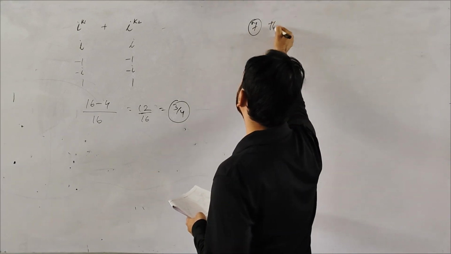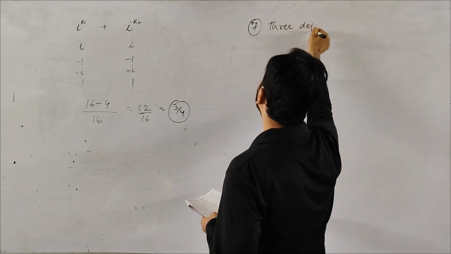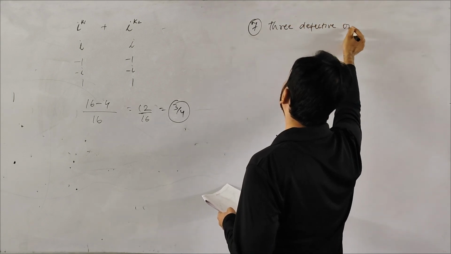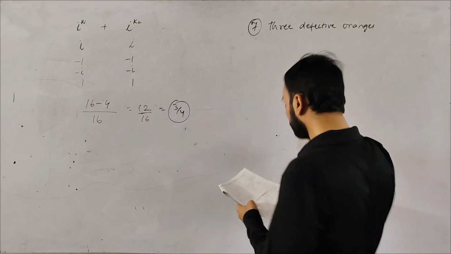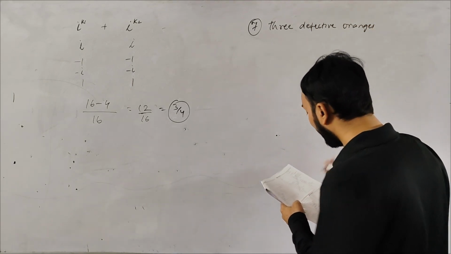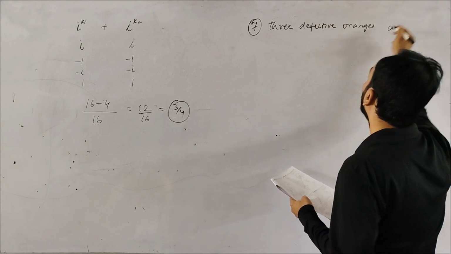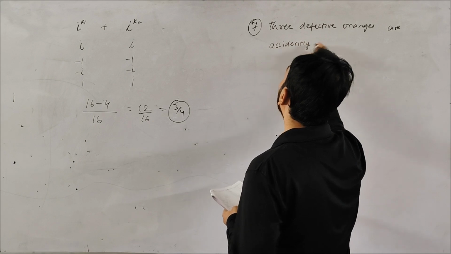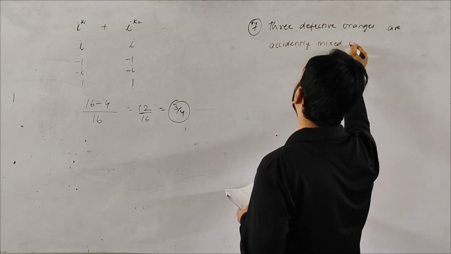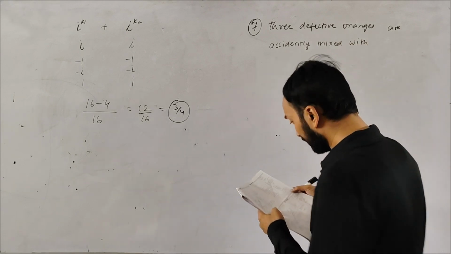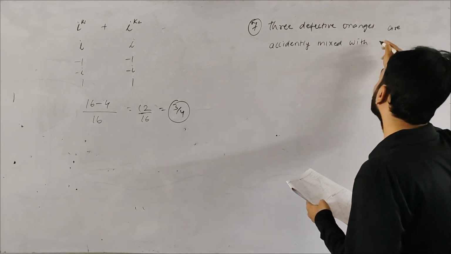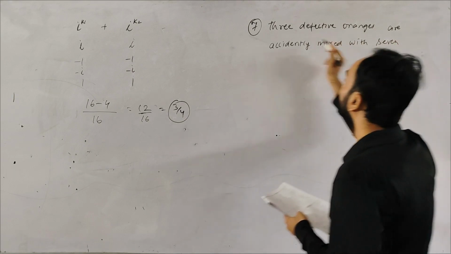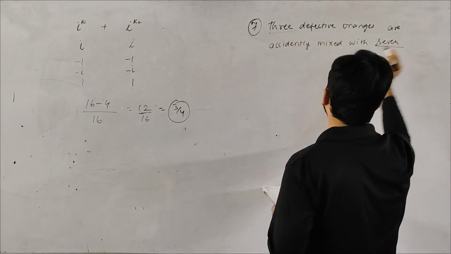3 defective oranges are accidentally mixed with 7 good ones. Mark the word 3, mark the word 7.